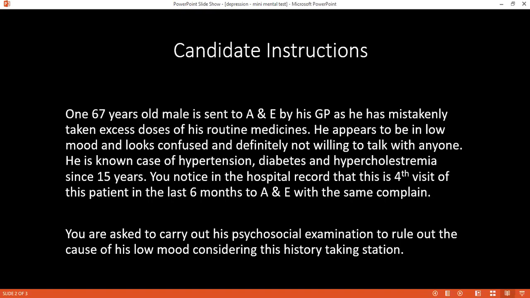What would be your next step? Okay, the management plan depends on whether he's suffering from mild or moderate to severe depression. In case of mild depression, I would recommend him to go for regular exercise, have a proper sleeping schedule, and he should also go for cognitive behavioral therapy. In cases of moderate to severe depression, medications have to be started.